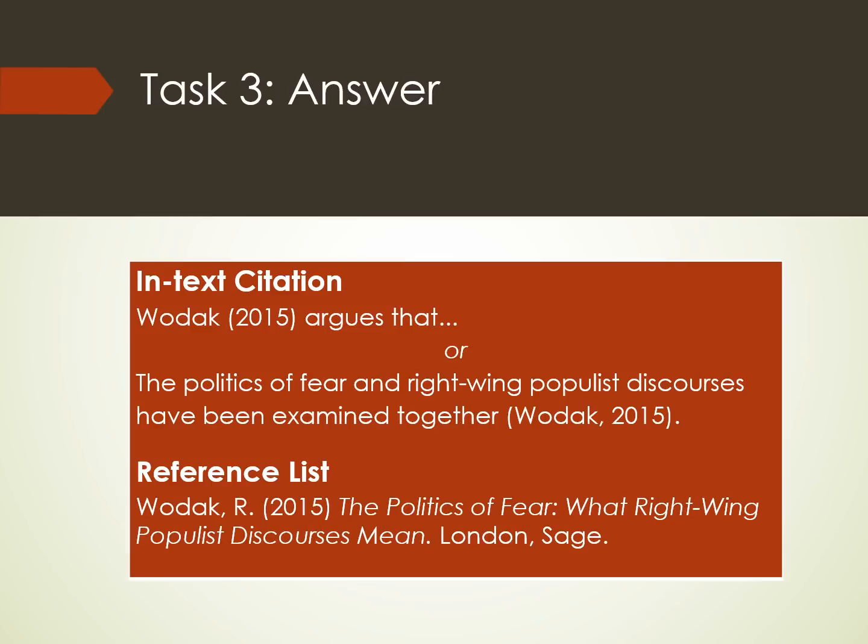You'll see then in the reference list there's much more information. So we have the author, year of publication, plus the full title of the book, the place of publication, and the publisher. Now, the keen-eyed among you will also have noticed that there are different formatting requirements for different parts of the reference list. So the title, for example, here is in italics.